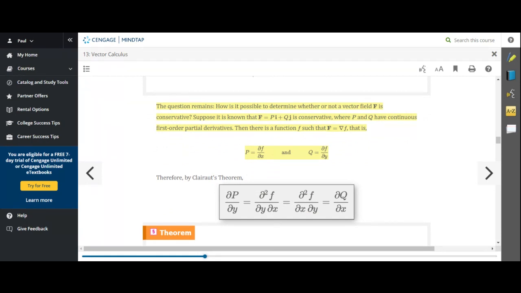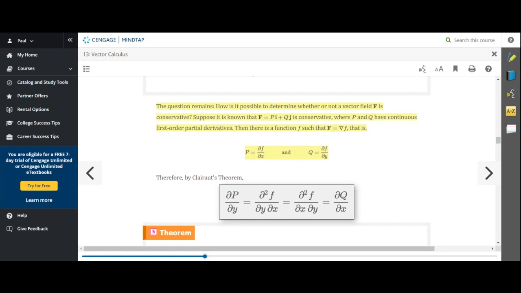That would equal the mixed second partial derivative of f, with respect to x, then y. The partial derivative of Q with respect to x on the right-hand side would equal the second partial derivative of f with respect to y and then x. But by Clairaut's theorem, those mixed partial derivatives are equal.